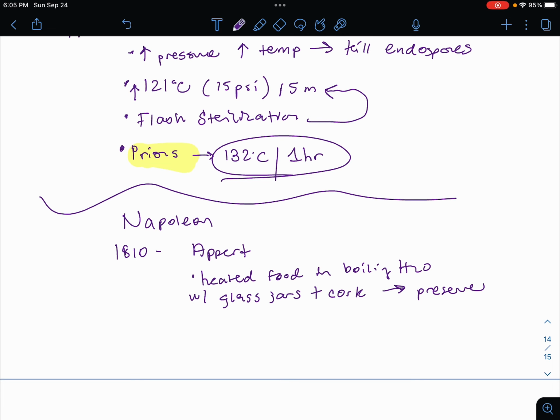And then around the same time, in the same year, there's a guy named Durand who uses the patent of the tin can for the first time.